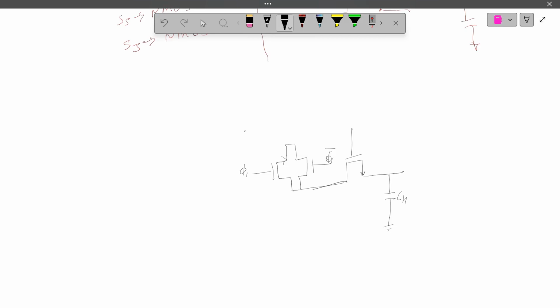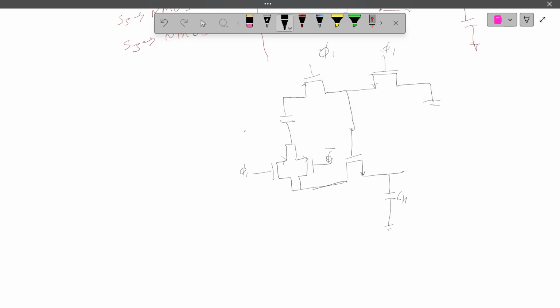This is NMOS, so this is PMOS. There is the capacitance, right? There is the PMOS device, right? This is the NMOS device. This is the ground. All these are phi 1.